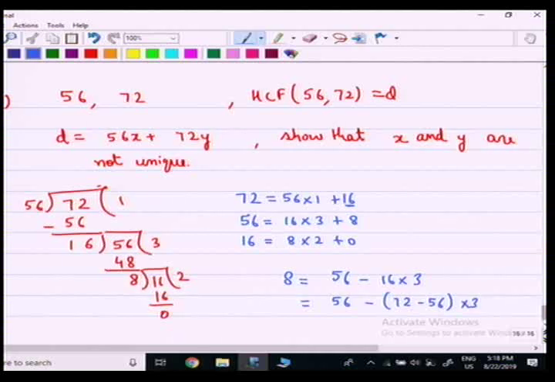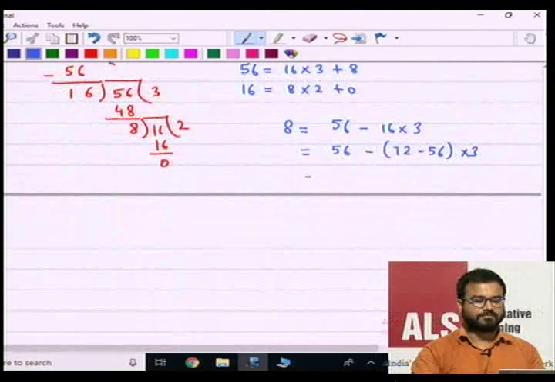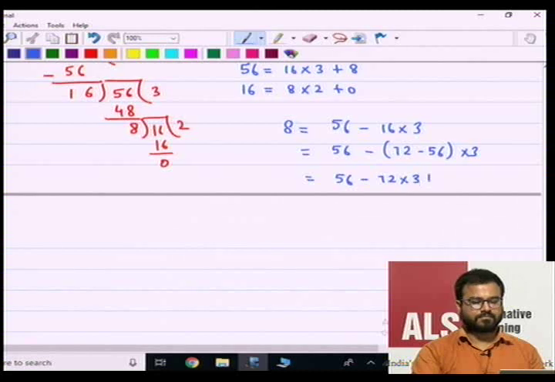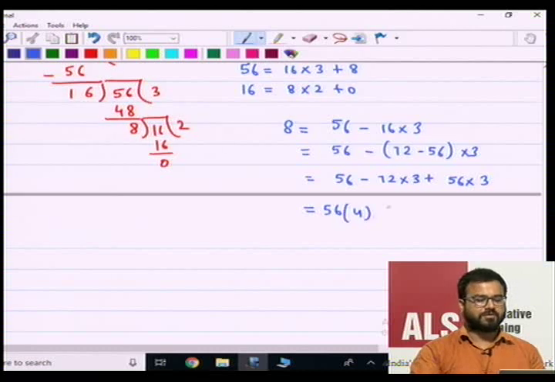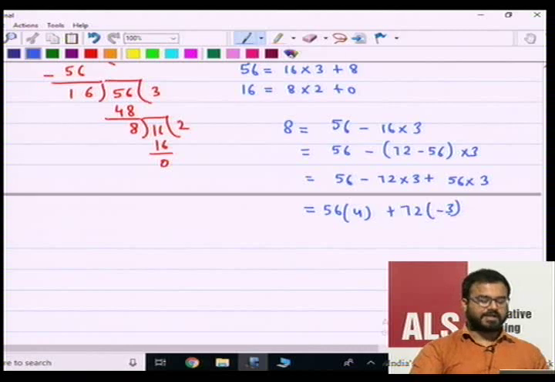Then into 3 as it is. So here we can write 56 times 4 plus 72 times minus 3, which we are getting.